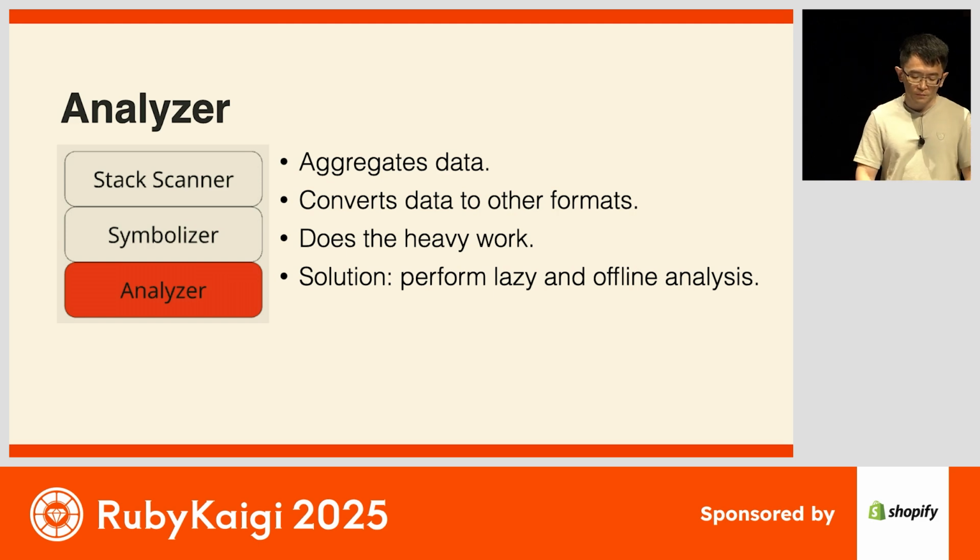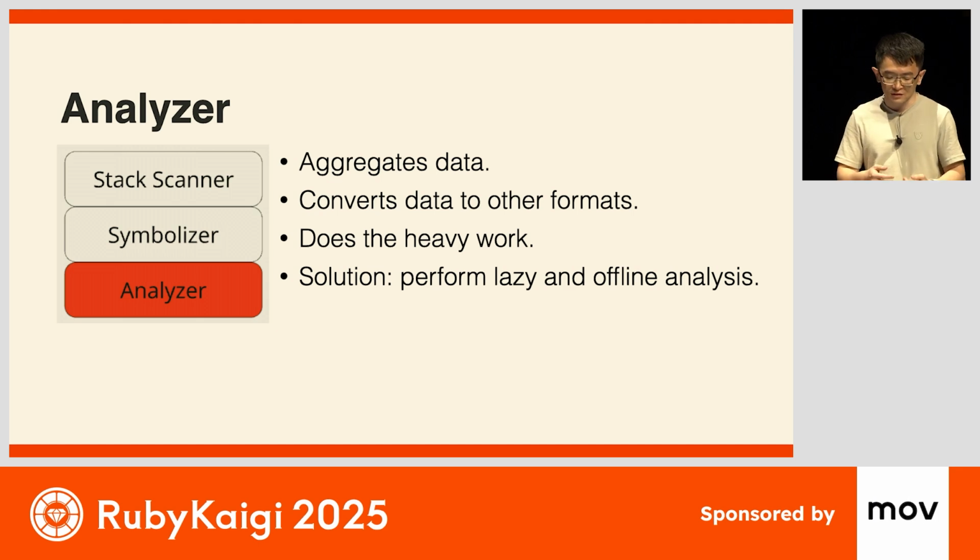That's because the stack scanner can only know which functions are on the stacks, or which functions are during execution. And we need another component to calculate or infer those functions' latency, average latency. That's the analyzer. And after that, we may need the analyzer to convert the data into other formats.